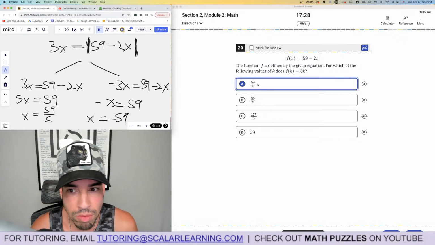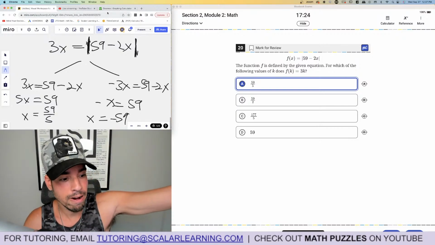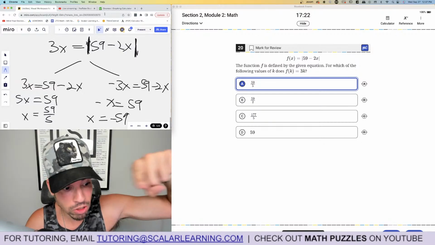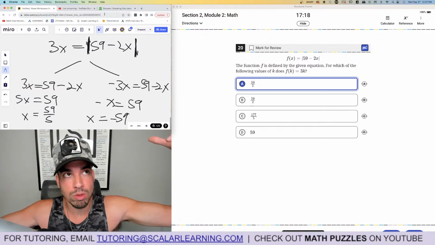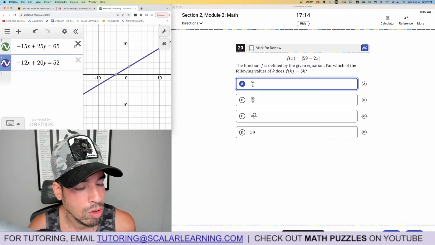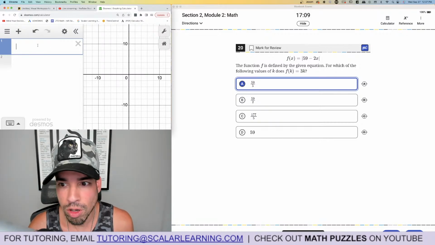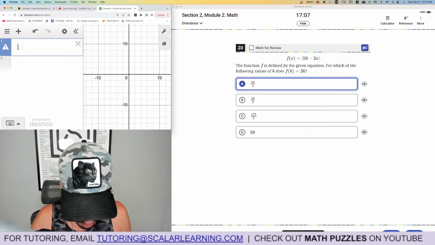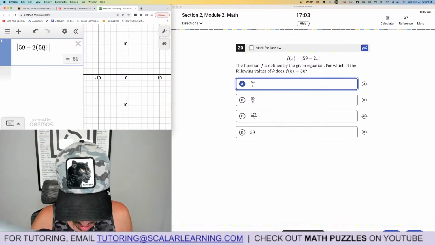So if it's 59 over 5, let's plug it in. When you plug it into that function, you should get 3 times 59 over 5, which is 150 plus 27, 177 over 5, right? Let's see, which are the following values of k? So absolute value of 59 minus 2 times 59.